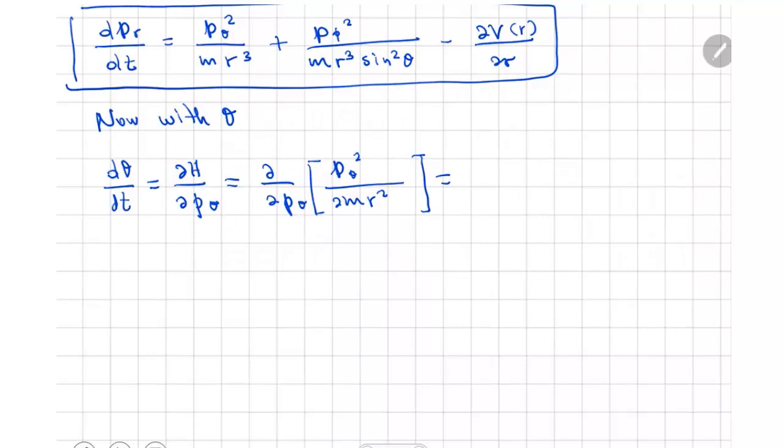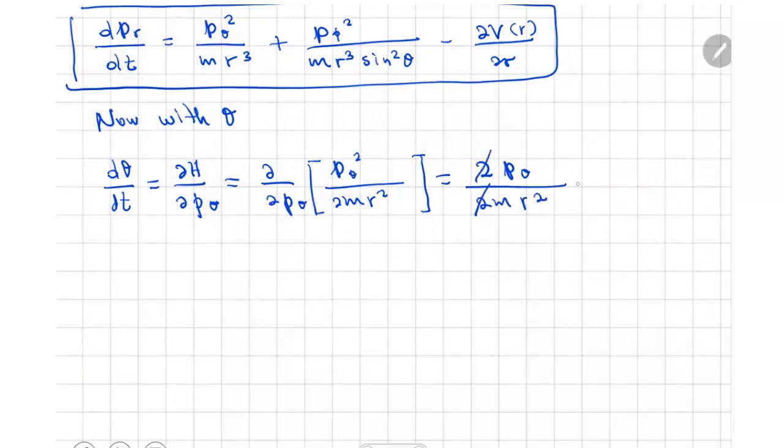The derivative of p_theta squared with respect to p_theta is 2 p_theta, so we get 2 p_theta divided by 2m r squared.